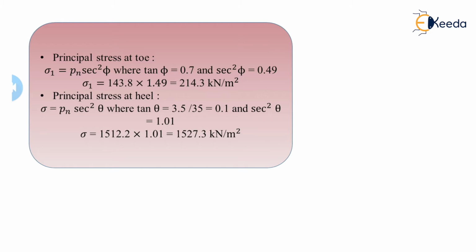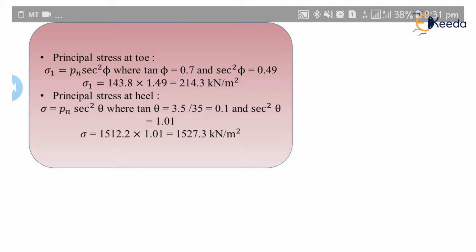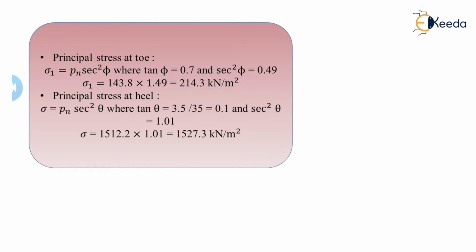Similarly, we have to find the principal stress at the heel section. Again, there are no other forces acting on the heel except the self-weight. So here it is the normal stress acting at the heel into sec square theta. Theta is the angle which the slope makes at the upstream section. When we refer to the inclined section on the upstream side, we will get theta.